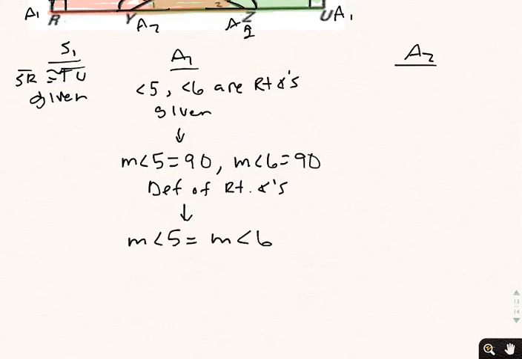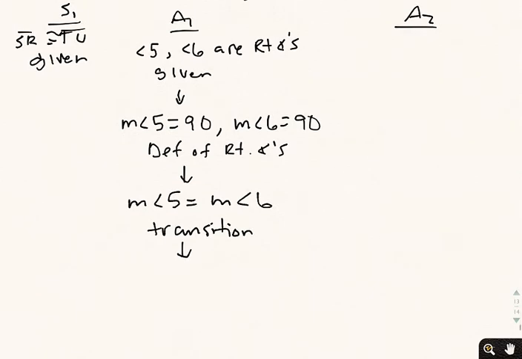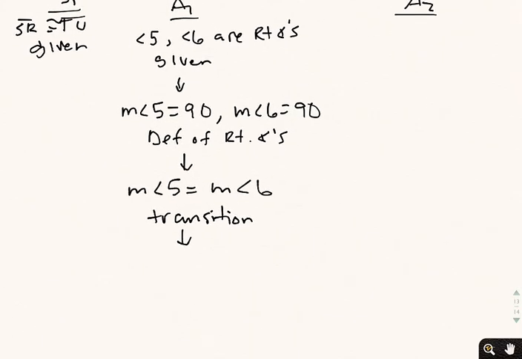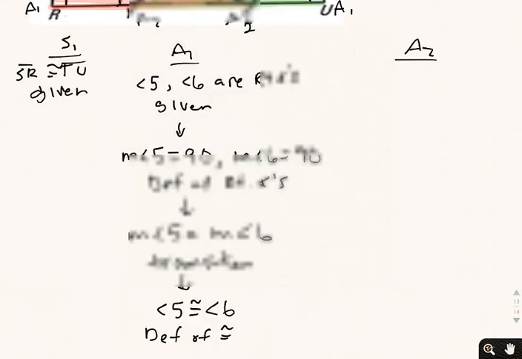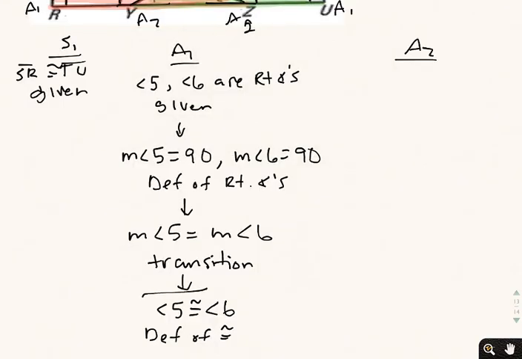Because they're both equal to 90, they should be equal to each other. That is a classic transitive move. And if they're both equal to each other, that would tell me that angle 5 is congruent to angle 6 because of the definition of congruency. Which ultimately, what I wanted, angle 1 is now congruent as well.